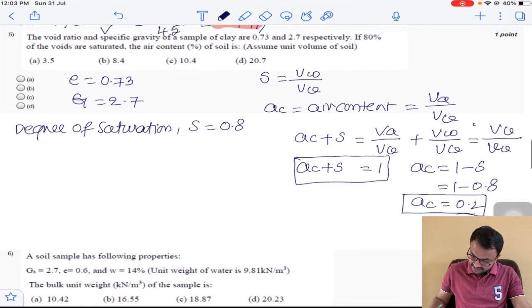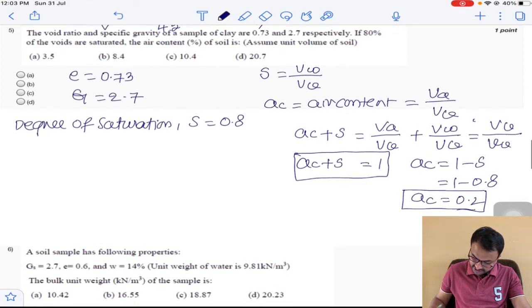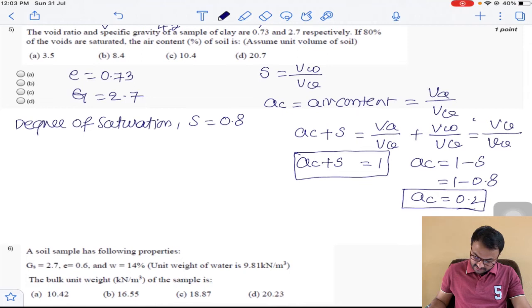So I am explaining this question again from the starting. The void ratio and the specific gravity of a sample of clay are 0.73 and 2.7 respectively. If 80% of the voids are saturated, the air content in percentage of the soil is, and he has given one assumption, assume unit volume of soil, that is total volume of soil that we need to take as 1.